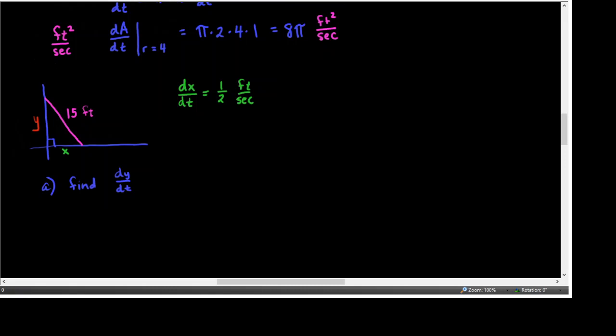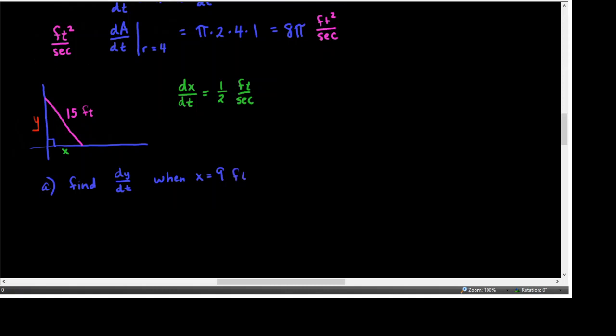I'm not telling you what I think it should be because I want you to think about it while we're working the problem. Okay, find that rate when the foot is 9 feet from the building. So find dy dt when the foot is 9 feet from the building. So that's when what is 9? Yes, x, when x is 9 feet.